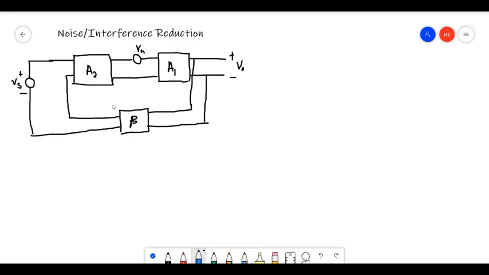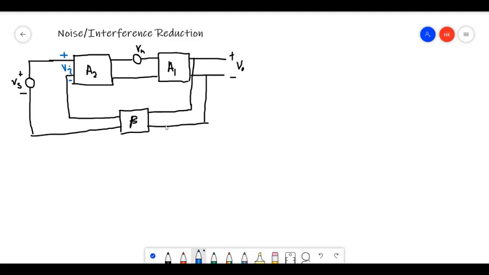If you see this diagram, it may look a little bit complex, but I'll explain it to you. We have this source Vs, and I'm going to mark this voltage as the input voltage Vi, and what we do is we have given the feedback.